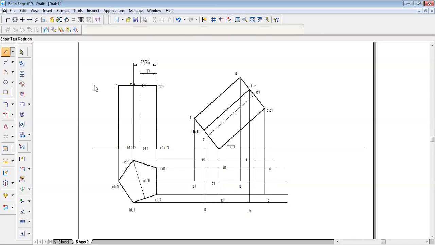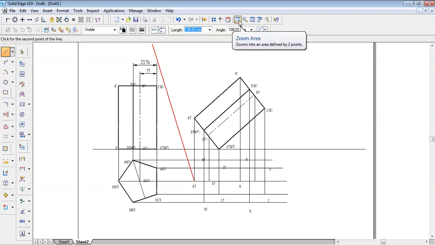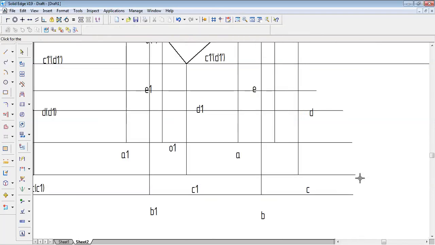Then afterwards join all the lines like this. It should be a thick line, so just carefully join all the lines.